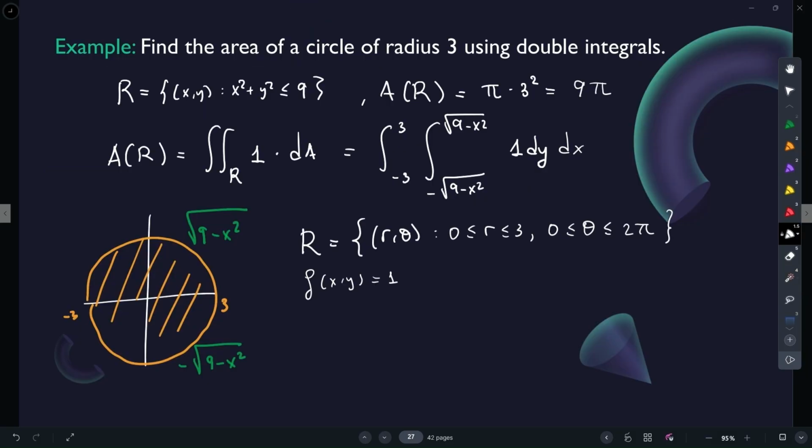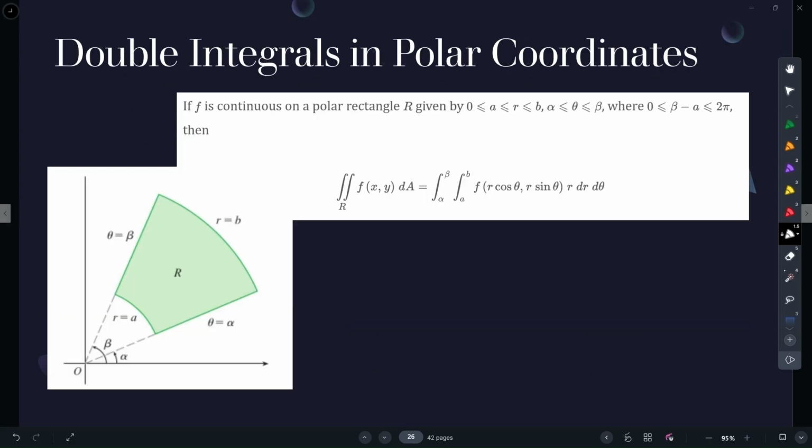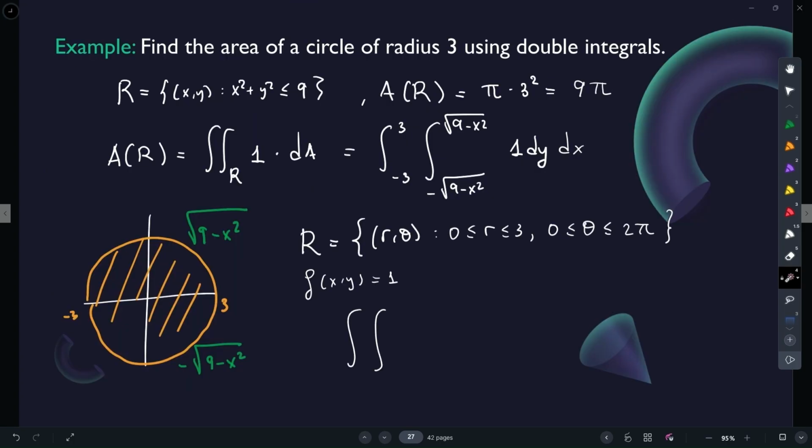So I'm going to do the integral in angle, going from 0 to 2 pi. In radius, I'm going from 0 to 3. And now the function 1 evaluated at r cosine theta, r sine theta is just a constant equal to 1, so that is just 1.